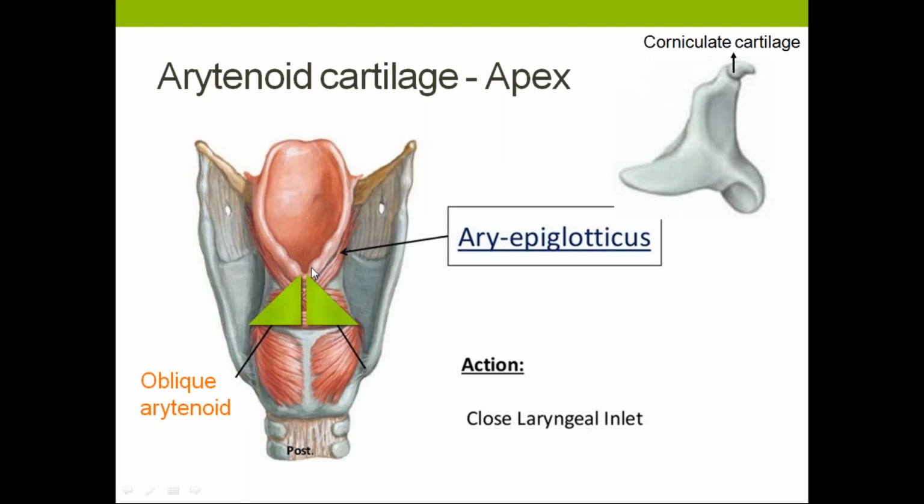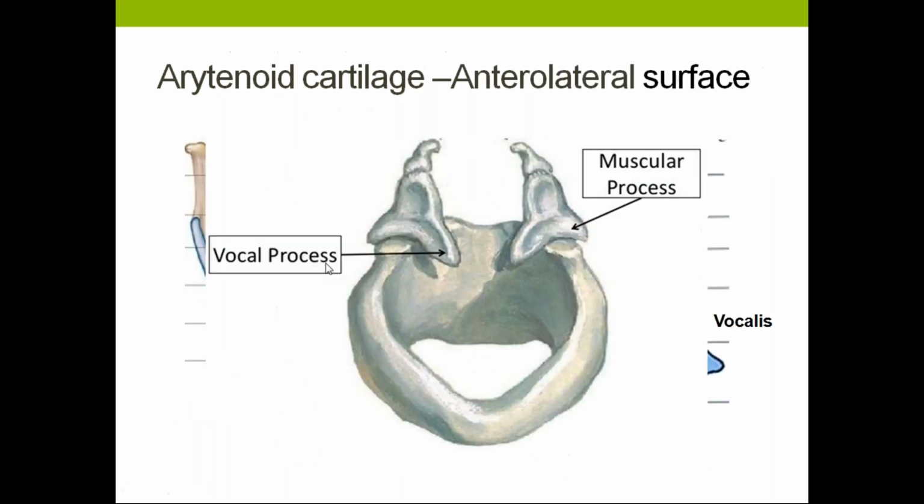You can see two small nodules, one here, another one here. This is the corniculate and this is the cuneiform. It acts as a probe here, that means it does not allow the aryepiglottic fold to collapse. That is the main function of the two cartilages, corniculate and cuneiform.